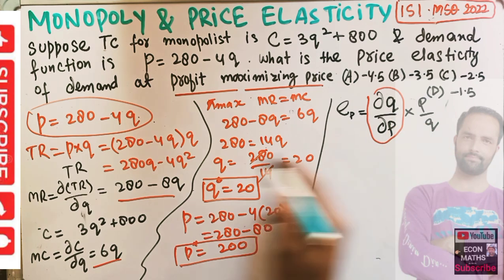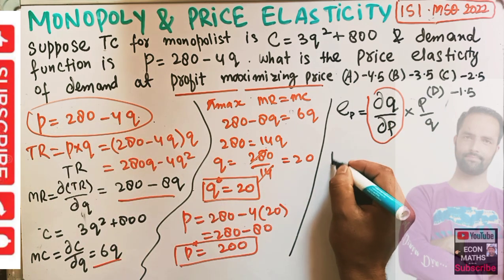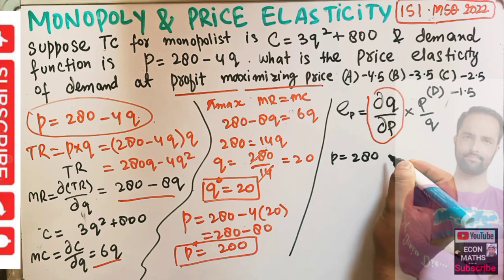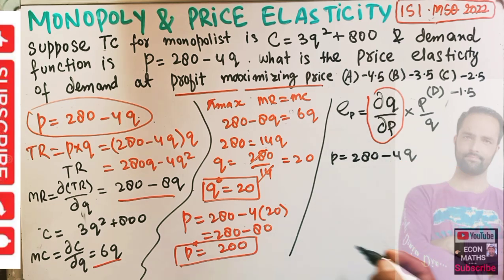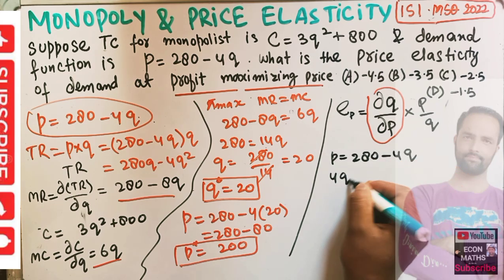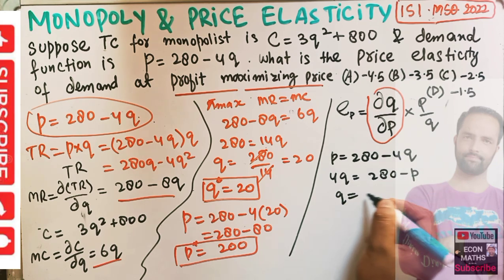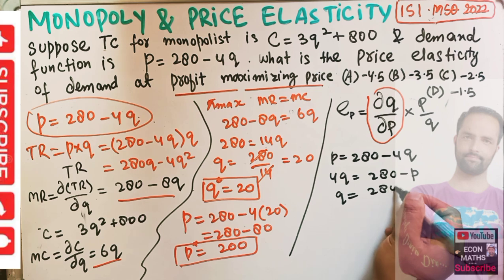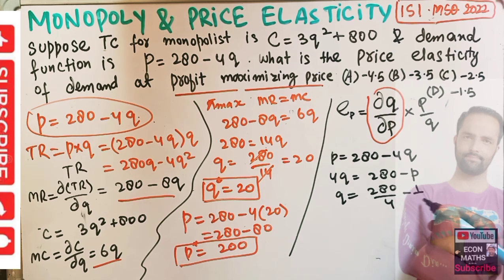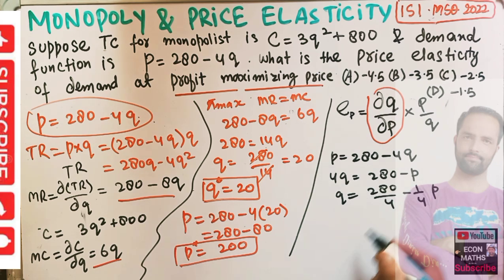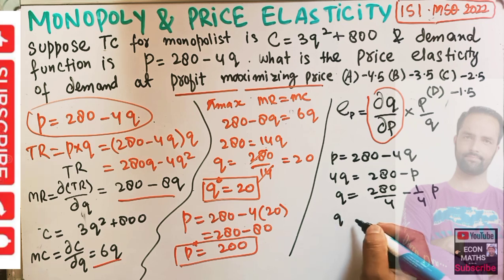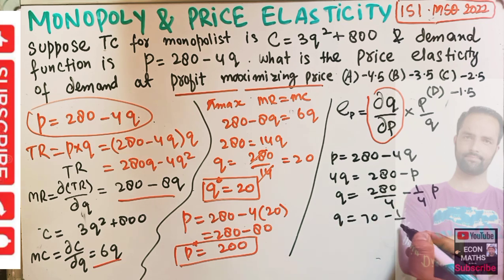Since this is our inverse demand function, P = 280 - 4Q, let us solve it for Q. Transposing here, 4Q will be equal to 280 - P, and Q will be equal to 280/4 - (1/4)P.